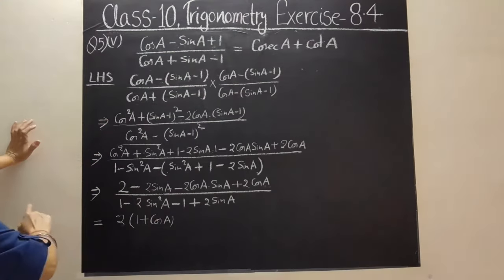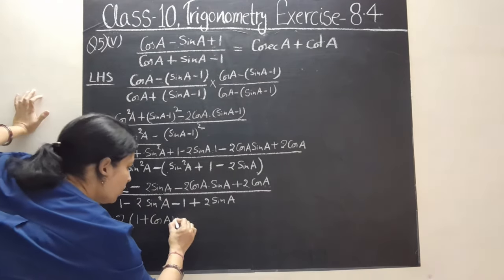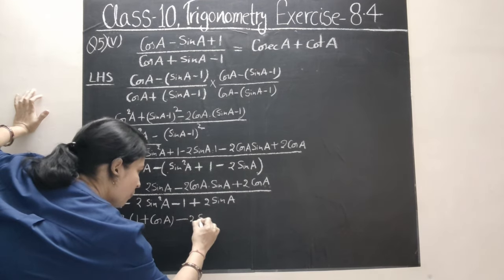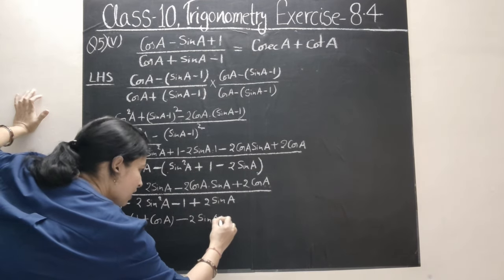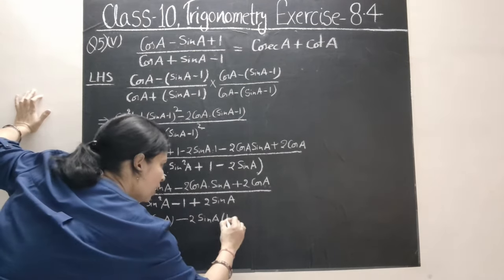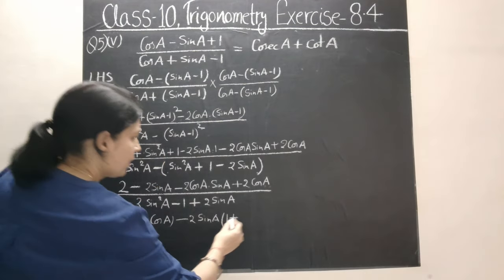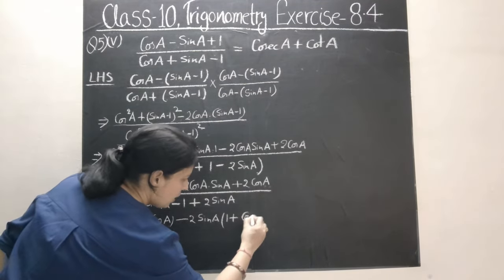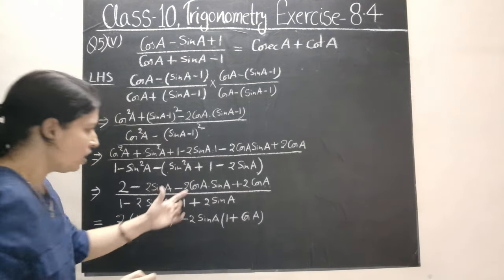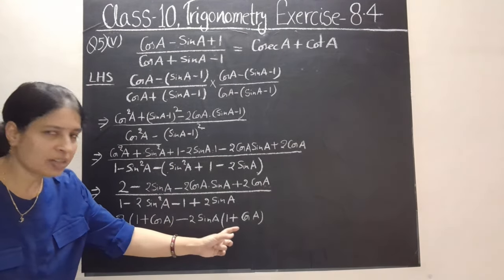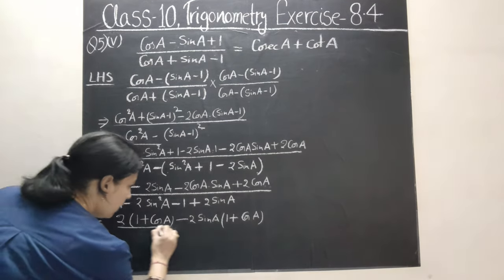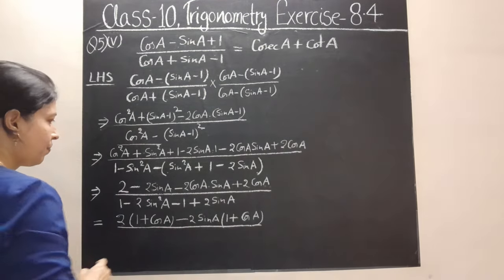यहाँ से हम क्या common लेंगे? minus 2 sin a. So take common minus 2 sin a. So here it will be 1 plus cos a. Because minus I have taken common, so here it will be plus. It is divided by this.